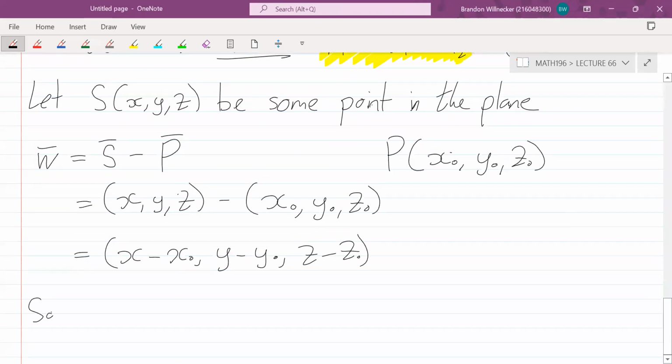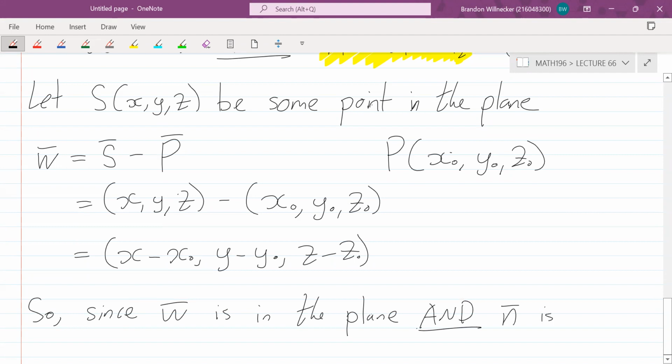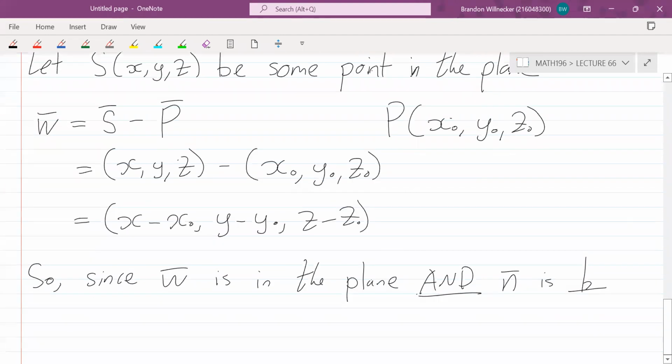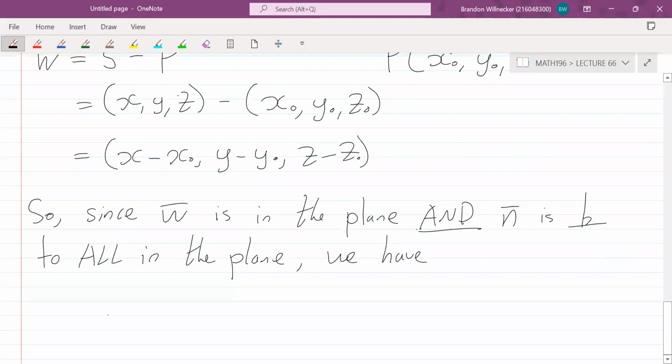So, since w is in the plane, and n is perpendicular to all vectors in the plane, we have w dot product with n must be 0.